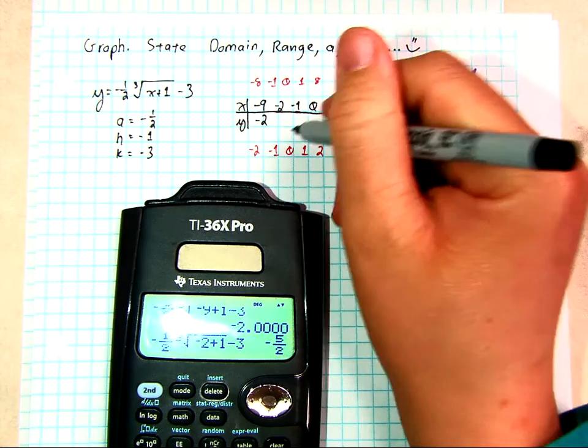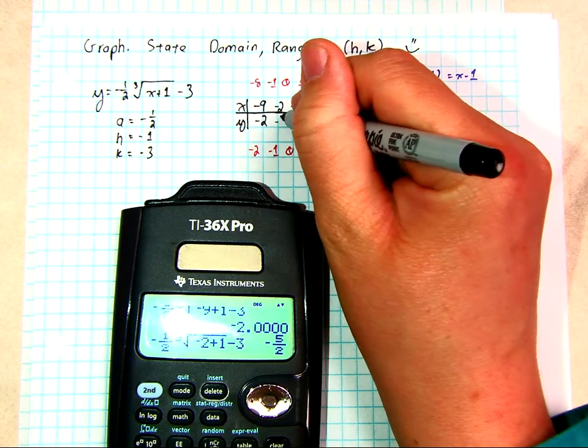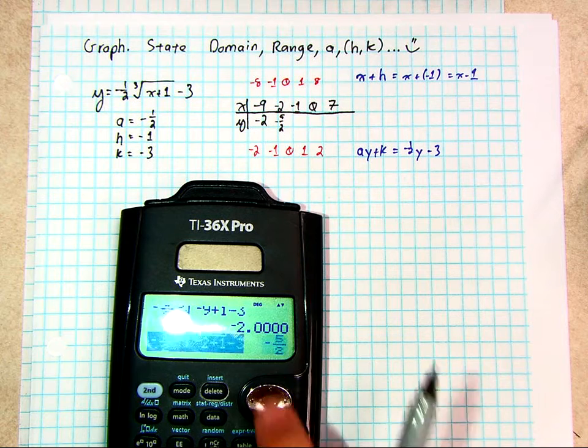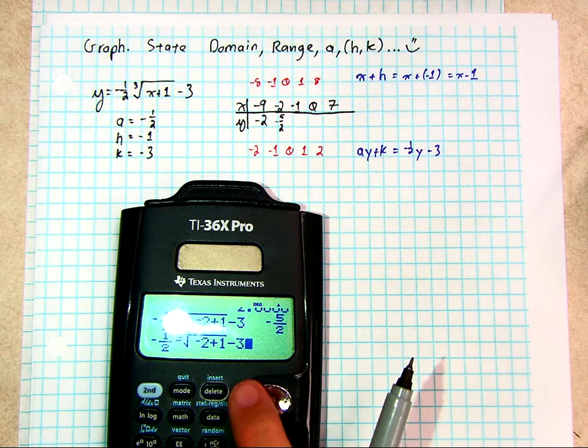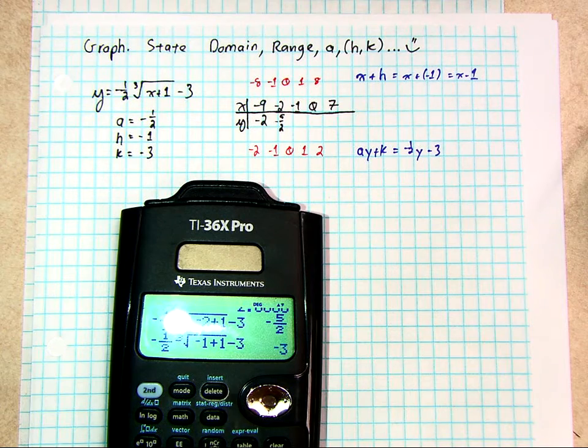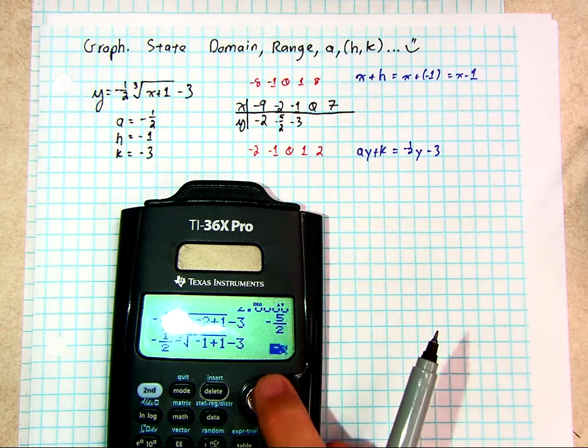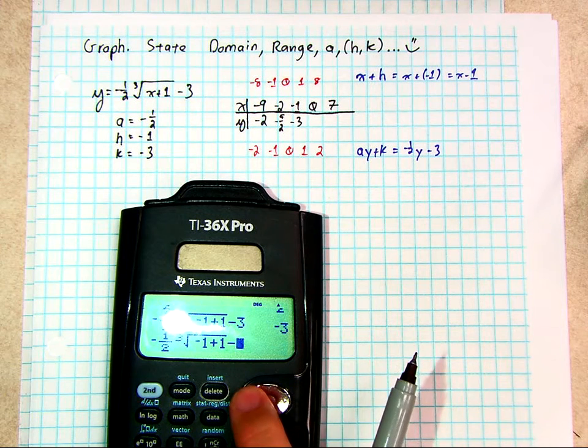I plug this one in. This one gives me a fraction, negative 5/2. Some people asked on the test, will we be able to use decimals? I'll take decimals on the test, just because not everybody has this nice little calculator. That gives me negative 3. Scrolling over.